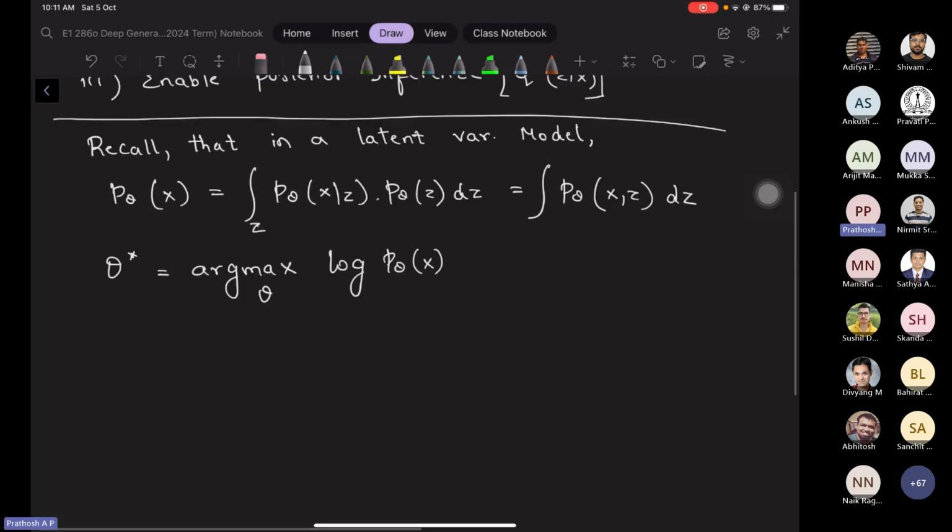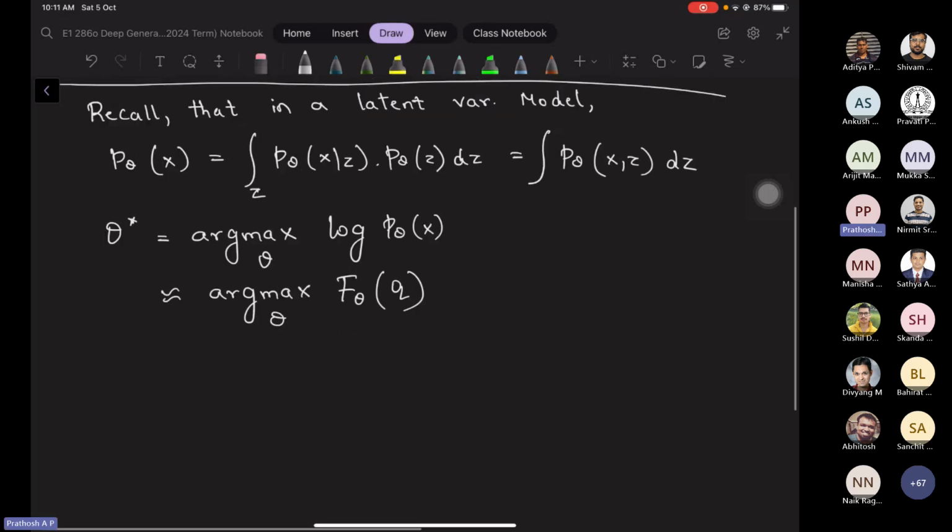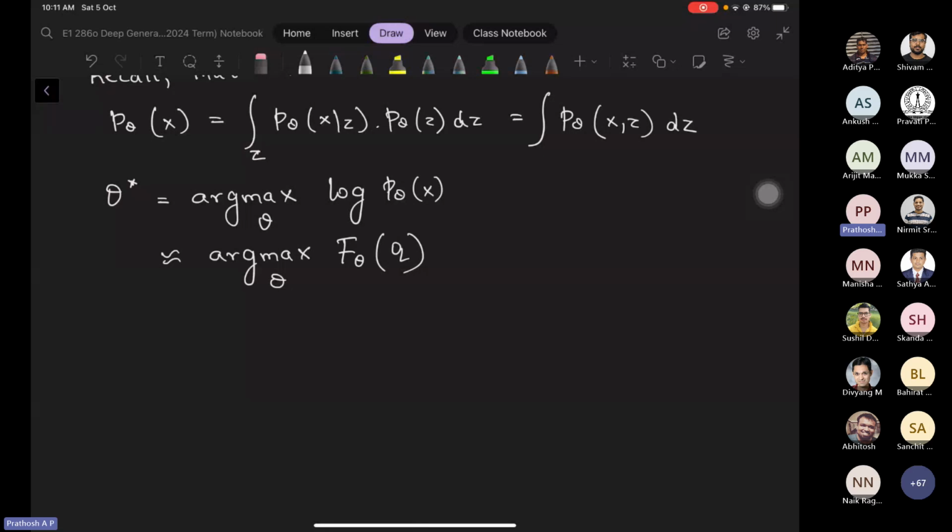So we saw that this is approximately the same as finding the theta such that the lower bound on the evidence is maximized, which is the evidence lower bound.